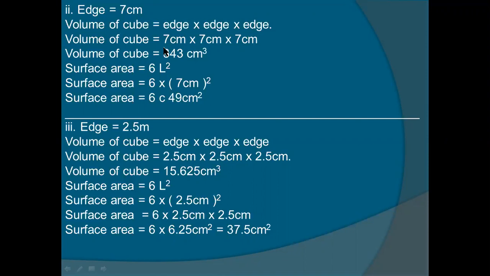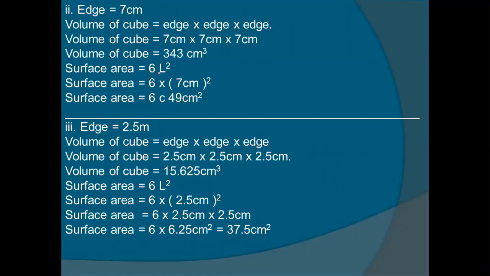Again the value of the edge is 7 centimeter, so it will be equal to 7 centimeter whole cube. That means 7 centimeter multiplied by 7 centimeter multiplied by 7, and it is exactly equal to 343 cubic centimeter.